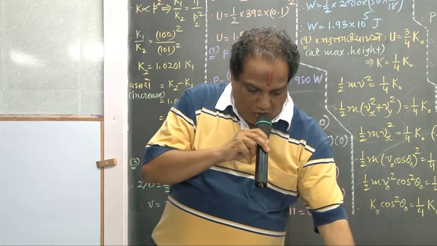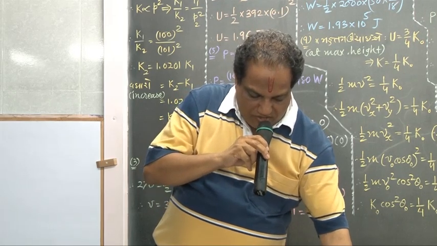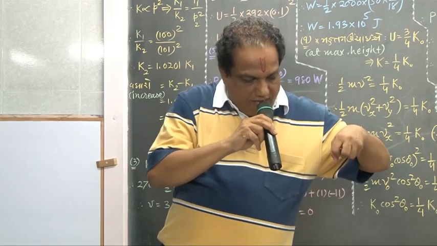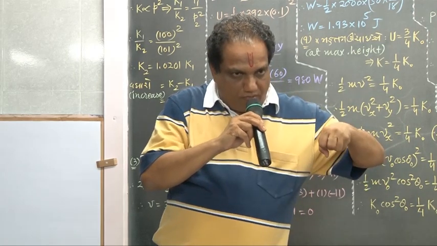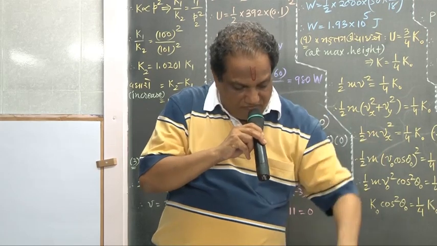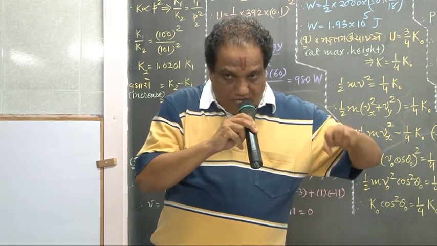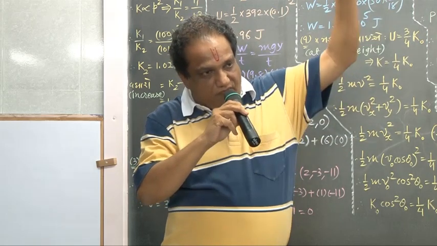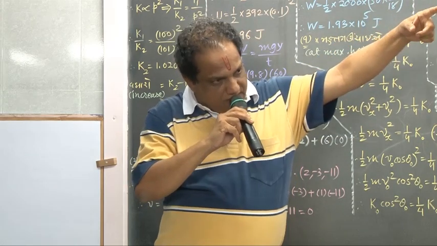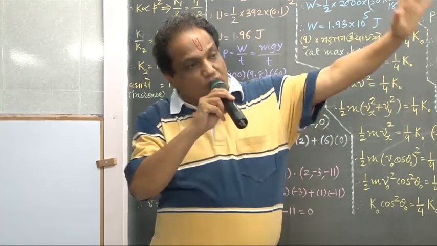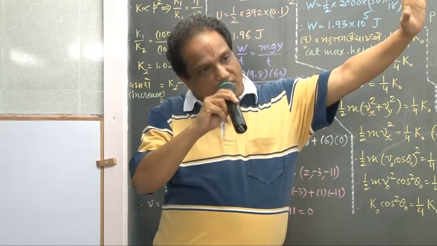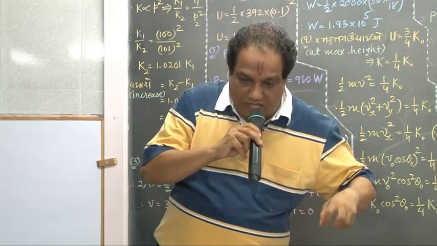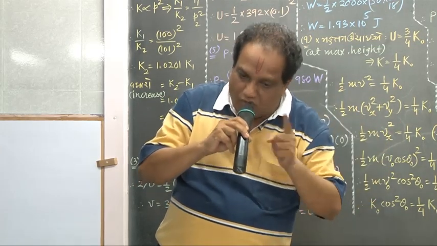First of all, from the bottom of the well, he requires to fetch the water. And fetching the water to the top of the well is not sufficient. After bringing the water to the top, he needs to throw it with some velocity because he wants to spray that water up to a long distance, correct? So some kinetic energy is also to be supplied. So not only increase in gravitational potential, but increase in kinetic energy is also required.